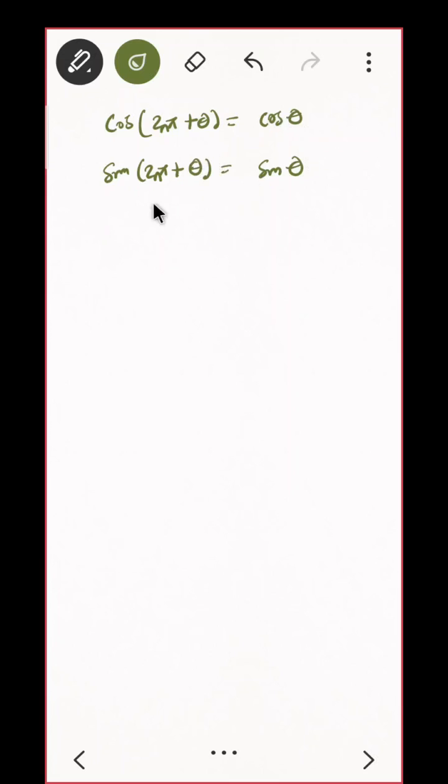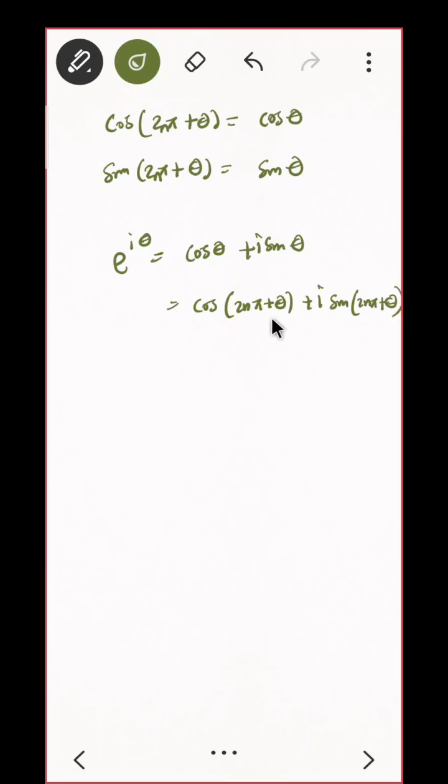So why this is required, let me tell you. What is e raised to i theta? Cos theta plus i sin theta. But I know that in place of cos theta I can put this. So this is the same as cos of 2n pi plus theta plus i sin of 2n pi plus theta. So what is this? This is the same as e raised to i times 2n pi plus theta.